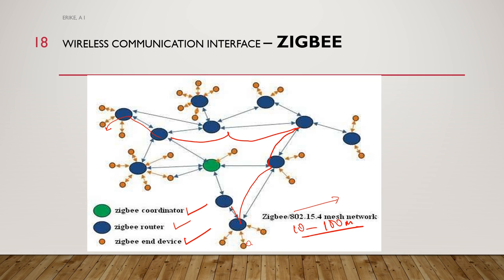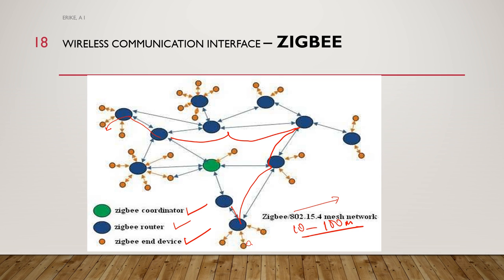All right, the Zigbee end device is the end device containing the Zigbee functionality for data communication, and it can only talk to either the Zigbee coordinator or the Zigbee router. So a Zigbee end device cannot talk to a fellow Zigbee end device directly.